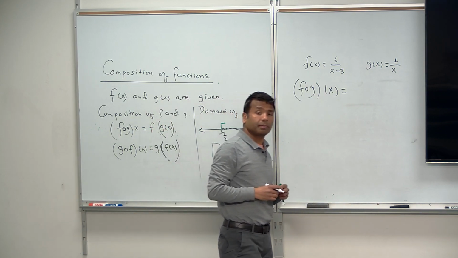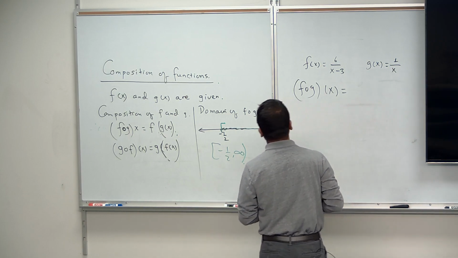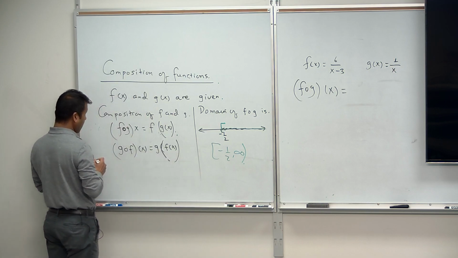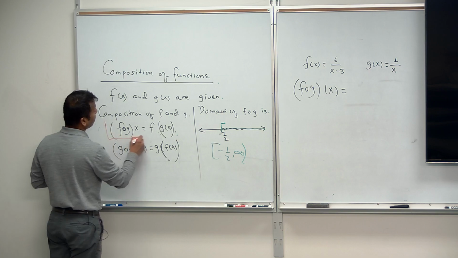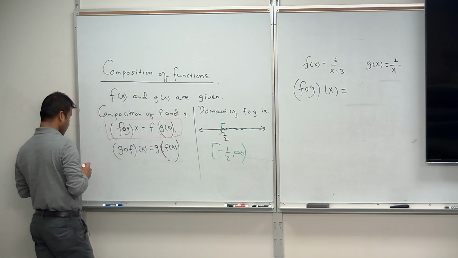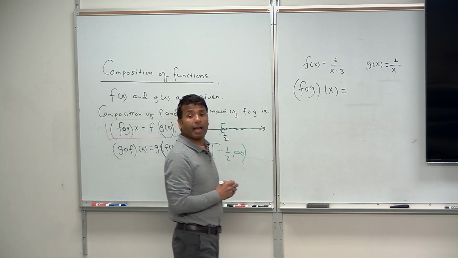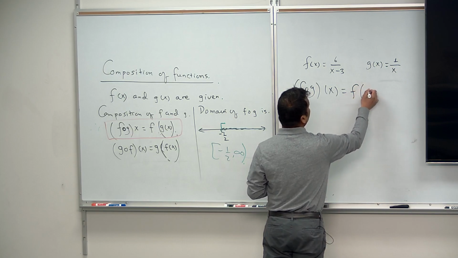How do you find this? Look at the definition. So what is the definition? What is this? F of g of x is the same as what? F of g of x. Is that right? So this is this.